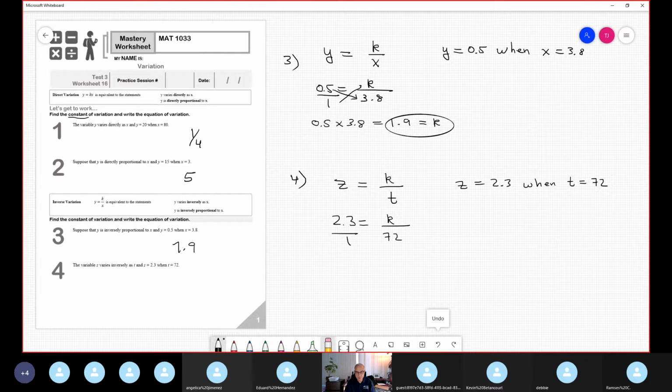Again, cross multiplication, like that. K alone is the multiplication 2.3 times 72. Wow, 165.6. 165.6 is the answer. Guys, do you understand the idea? Direct proportional, inverse proportional, and the test, no. In my test, no, but in Alex maybe you see problems like that.